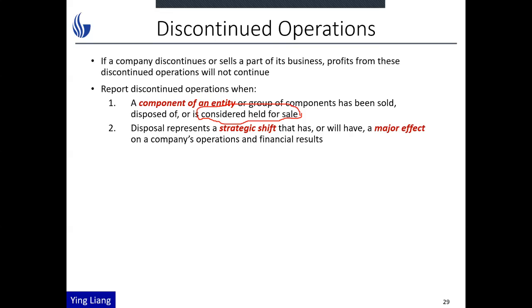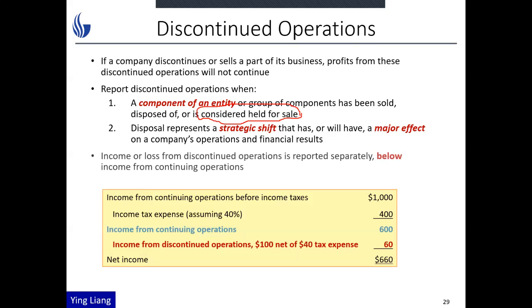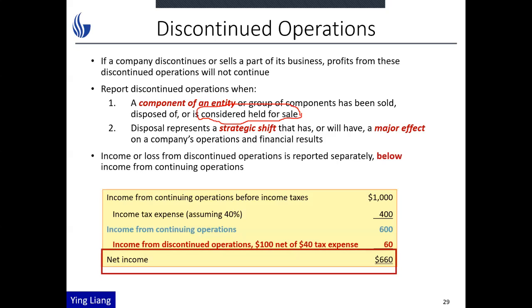Although a company has considerable flexibility in reporting the income from continuing operations, right? We mentioned single or multiple step income statements. Now, for the discontinued operation, we are really strict on the format. It is actually mandated. You have to report as the yellow box looks.